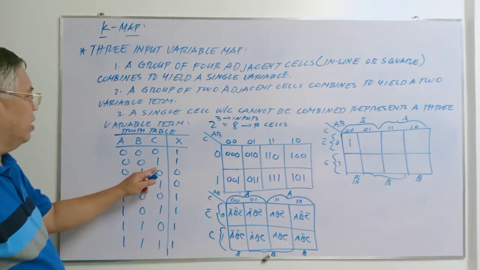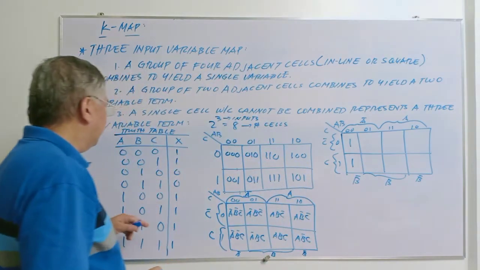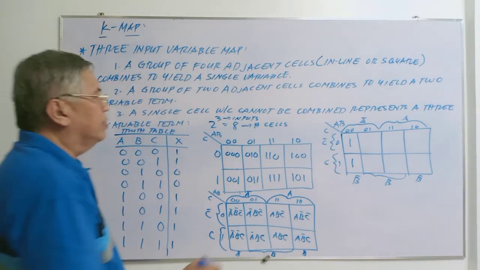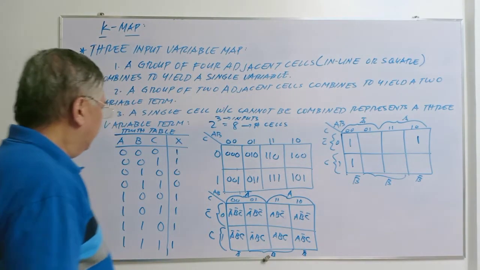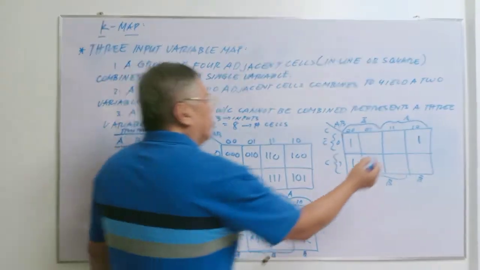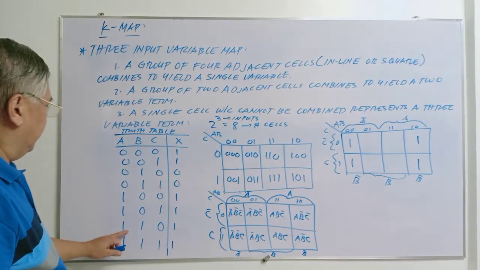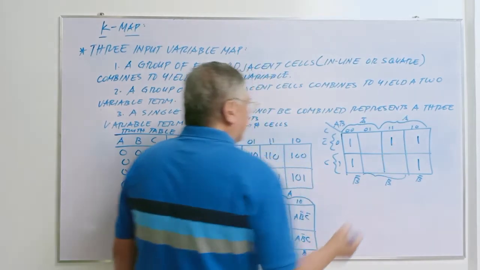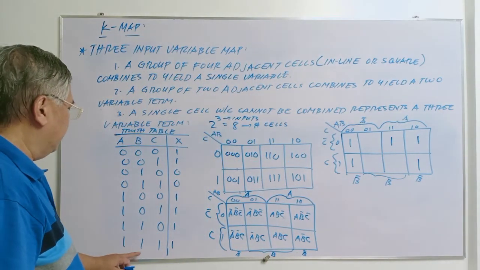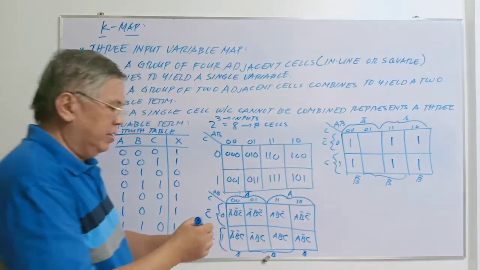Then you have 001, the output is 1. And then 100, the output is 1. And then 101, the output is 1. Then 110, the output is 1. And then 111, the output is 1. Okay?